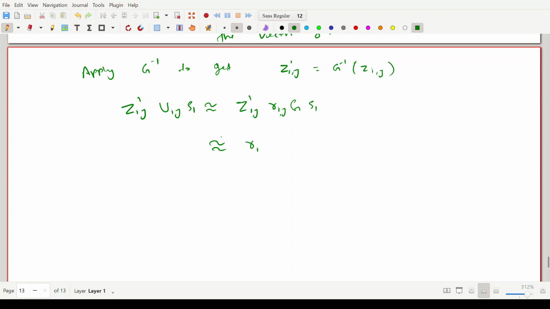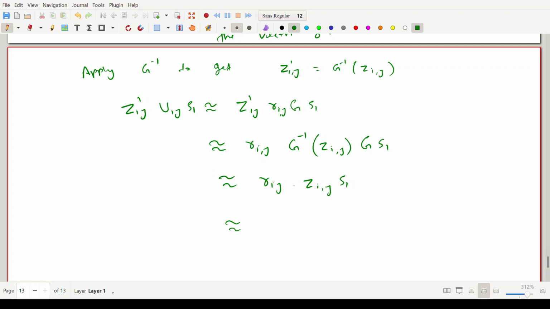So I'll write rij here, and Zij dash is g inverse of Zij multiplied with g s1, which is similar to rij g inverse Zij g, it will be just Zij s1.